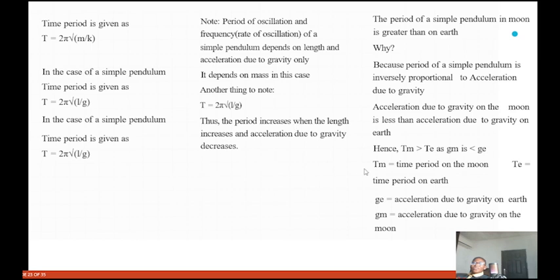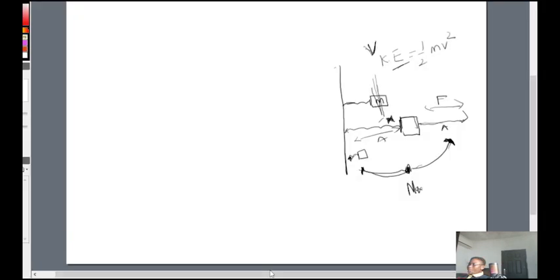Since it's inversely proportional, if acceleration is small, what will happen to T? Let's quickly talk about that on our board. This is the moon, which has very small gravity. We already established that T for a simple pendulum is just dependent on the length, right?